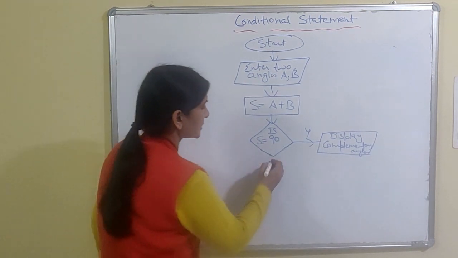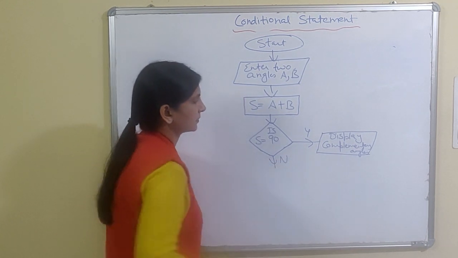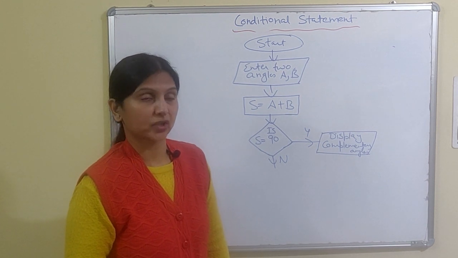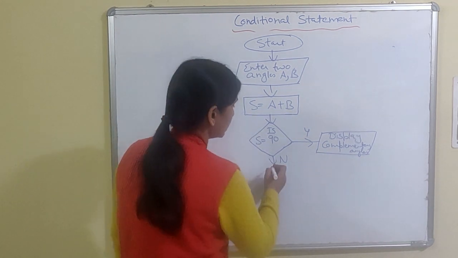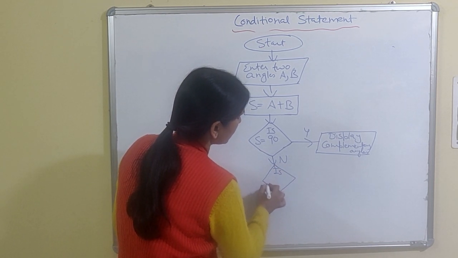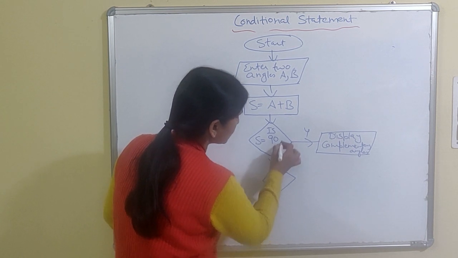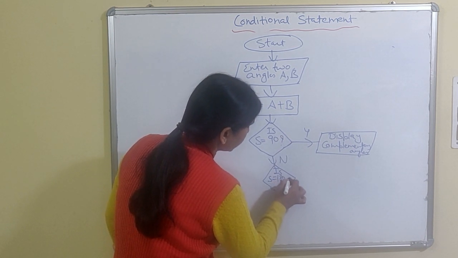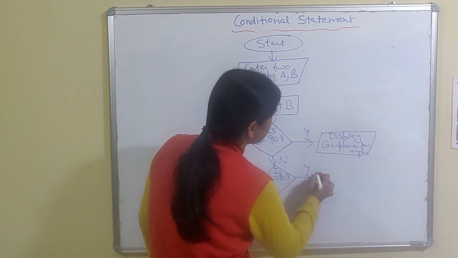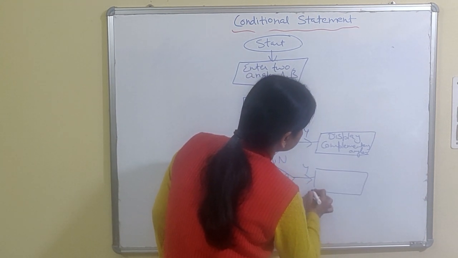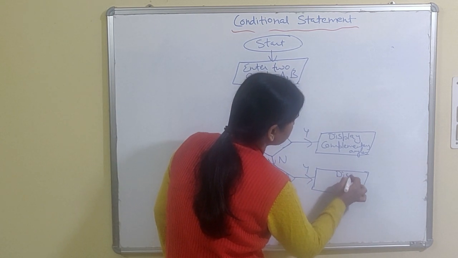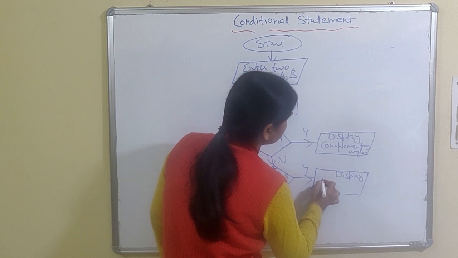Fine. But if it is no, sum of angles is not equal to 90, then we have to check the other condition. To check the condition, we will again use decision box, and in decision box we will use is S equals to 180 question mark. Fine. If it is yes, then output box display what? Supplementary.